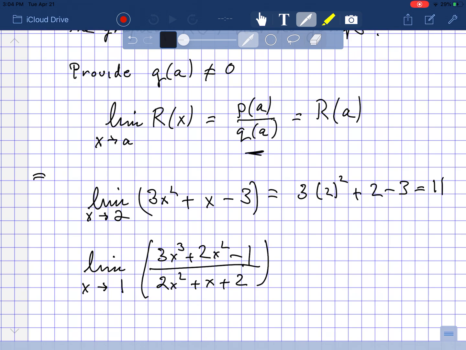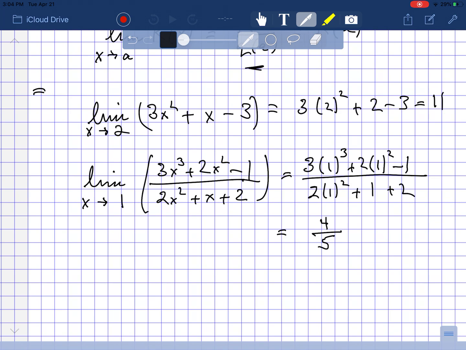So here I have a rational function. The polynomial that makes up the denominator is certainly not equal to 0 when x is equal to 1. So the value of this limit is just going to be 3 times 1 cubed plus 2 times 1 squared minus 1, all divided by 2 times 1 squared plus 1 plus 2. And so this is equal to 3 plus 2, which is 4 divided by 5.